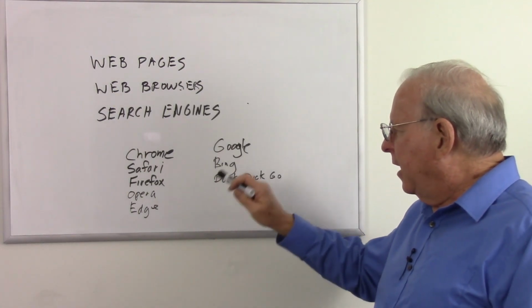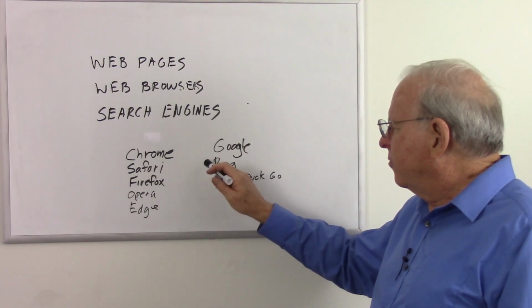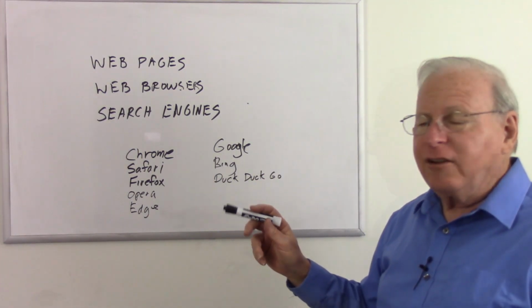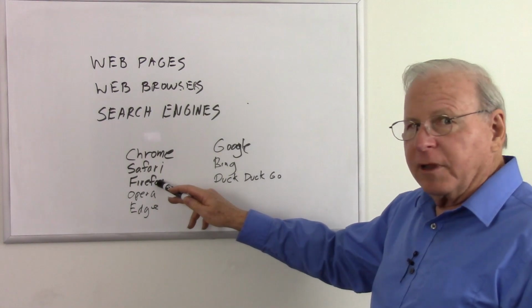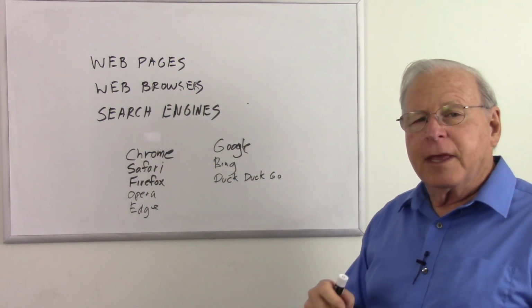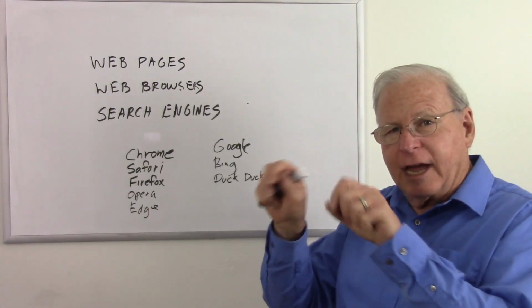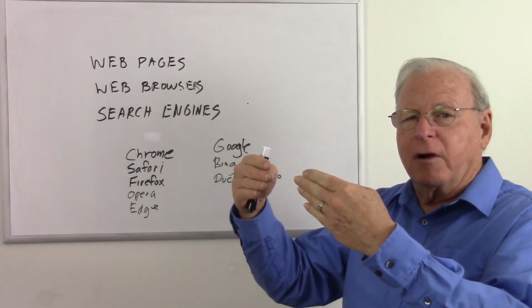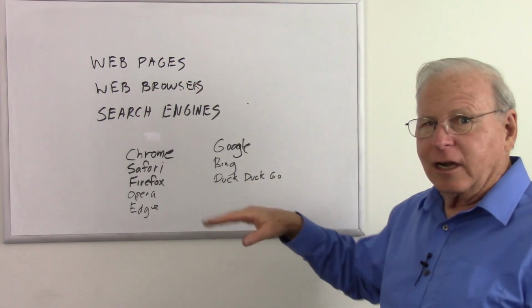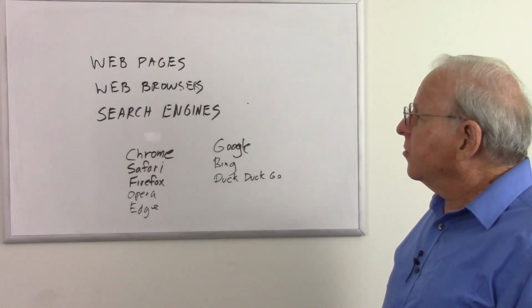Edge is going to go to Bing. Firefox goes to Google. And I don't know what the other ones go to by default, but of course you can change that. I use Firefox. Normally Firefox goes to Google. I said, no, when I do a search, I want you to go to DuckDuckGo. So I don't have to go to DuckDuckGo and then type in my search. I just go to my address bar in Firefox, type it in, and it takes me straight to DuckDuckGo, and there's my results.